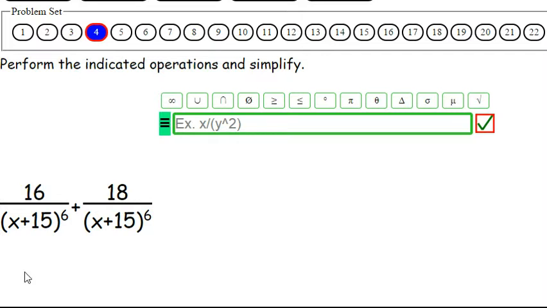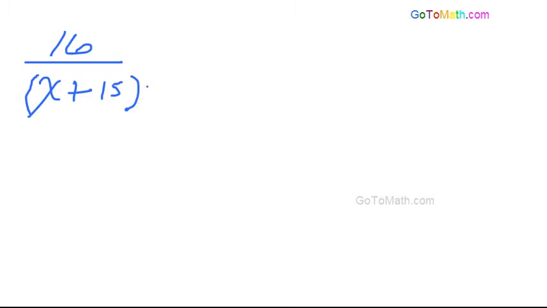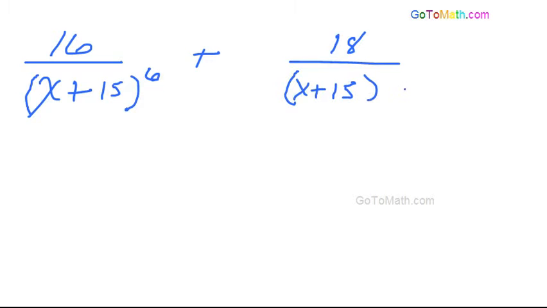Alright. So it looks like these denominators are getting kind of hairy. That's what you want to call it. x plus 15 raised to the 6th power plus 18 over x plus 15 raised to the 6th power.